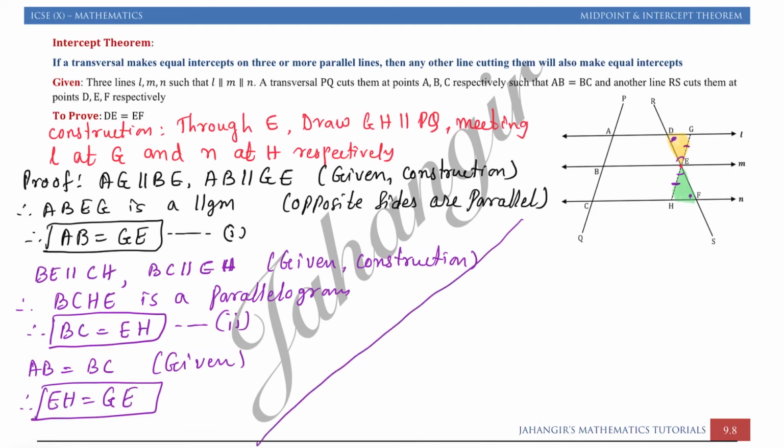Now we will take triangle GED and triangle HEF. GE is equal to EH from result number 3.